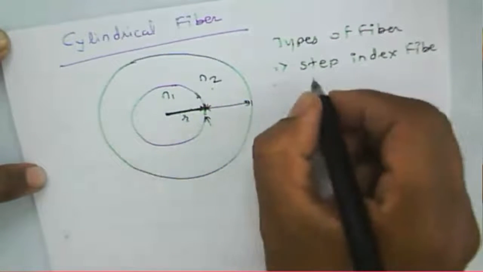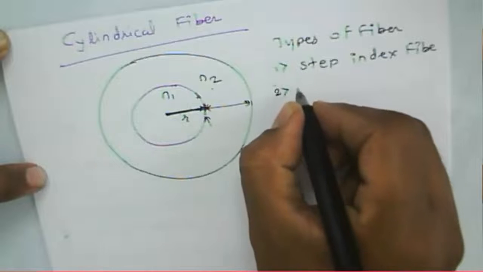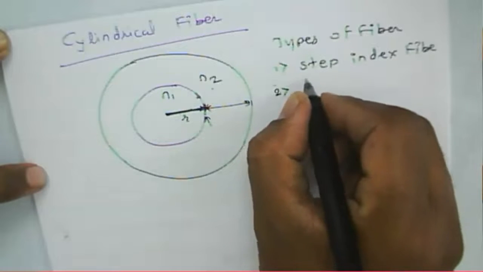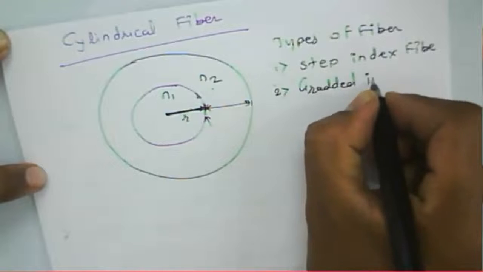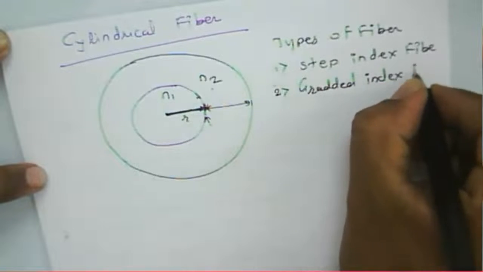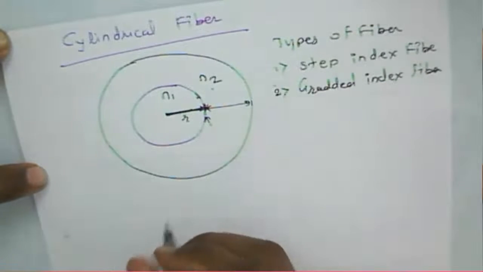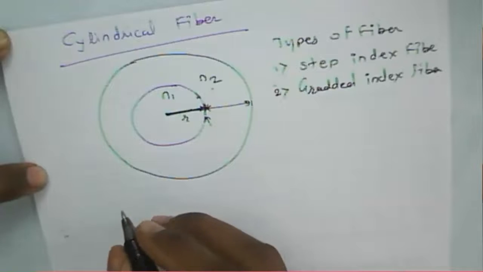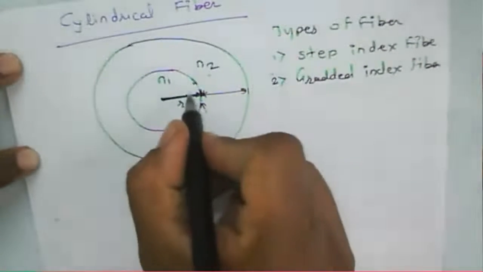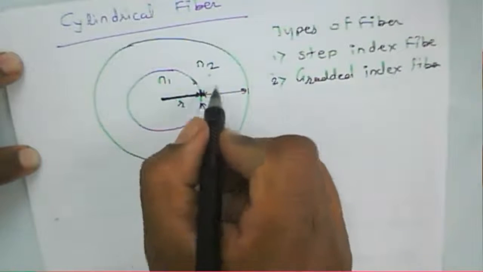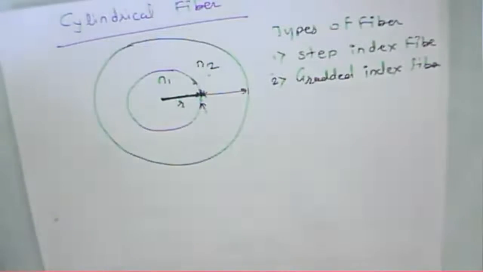One step is there, so it's called a step index fiber. Then we have the graded index fiber. These are the two fibers. In the step index fiber, there is abrupt variation in the refractive index.